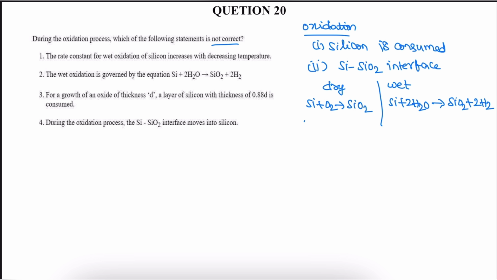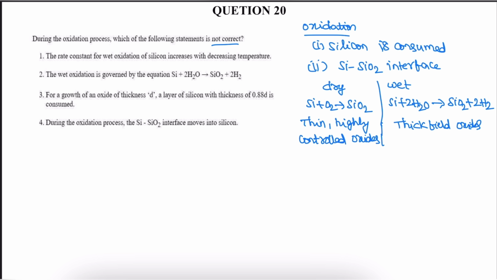Dry oxidation is used to form thin, highly controlled oxides, whereas wet oxidation is used to form thick field oxides. The rate constant for wet oxidation of silicon increases with decrease in temperature.